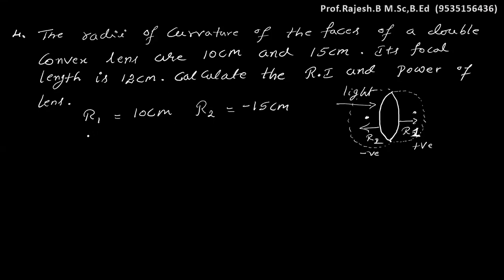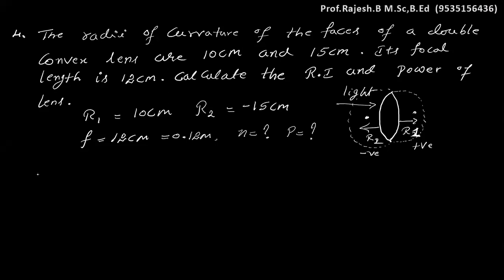Yeah, then focal length is given 12 centimeter, now 0.12 meter. And find out the refractive index and power of the lens. Power we can find out very easily because focal length is already given. Okay.